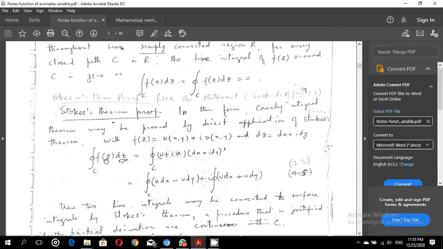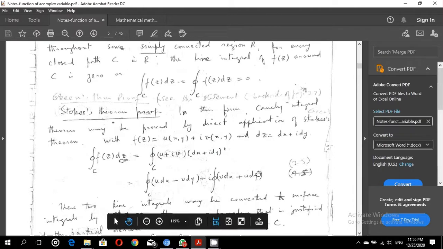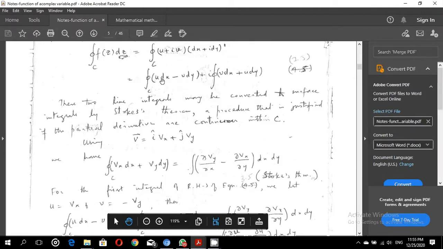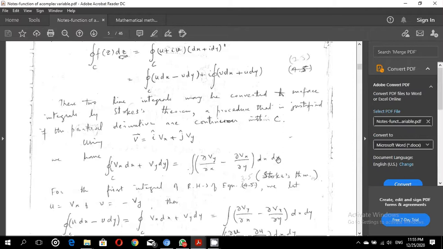So if we substitute these values for f of z and dz here, multiply and simplify and separate the real part, this is the real part and this is the imaginary part, then we also use Stokes' theorem. This is the statement of Stokes' theorem.